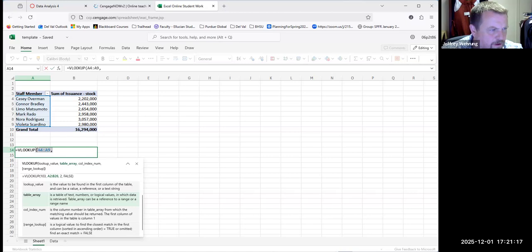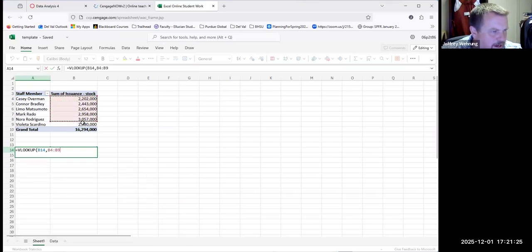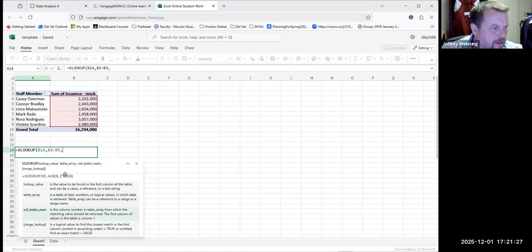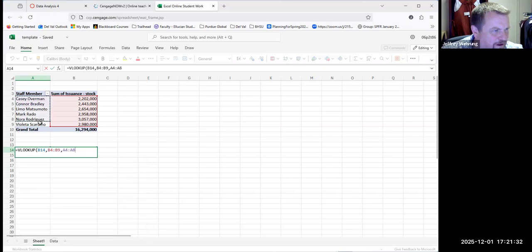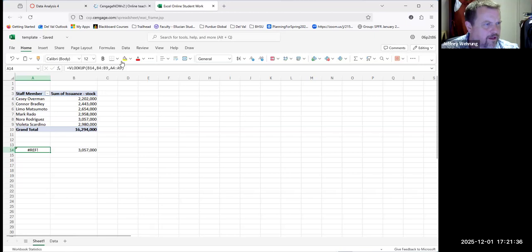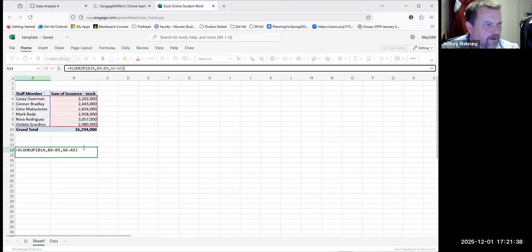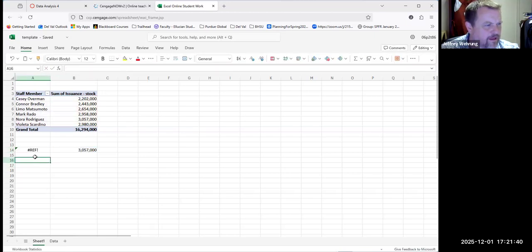Okay, so I'm looking for B14 in this array. Okay, and then I want to return. Let's see if I can do this my first try. I haven't used VLOOKUP in a while. Huh? Ugh, messed up. Let's try again.